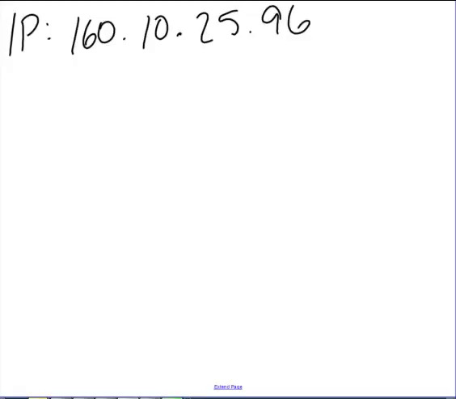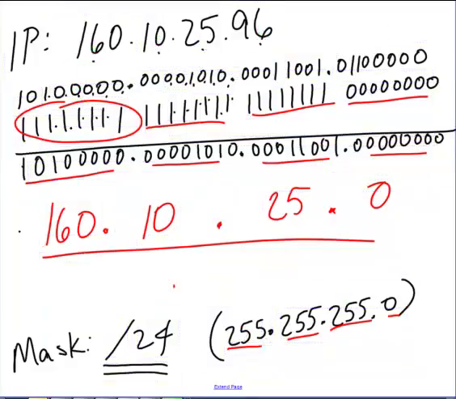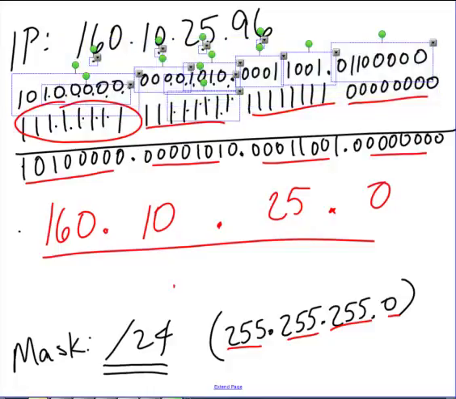So let's use the same IP address, 160.10.25.96. Now let's use a mask of /17. Actually, we'll do 18, which works pretty well. So I'm going to go back and copy my binary.